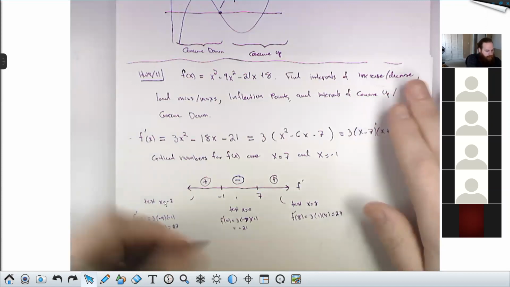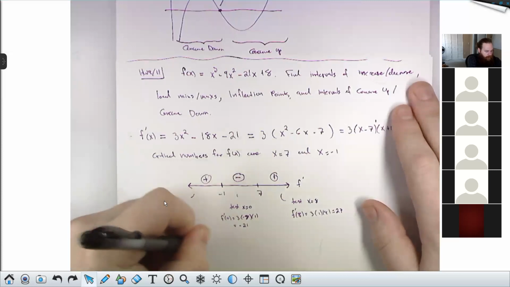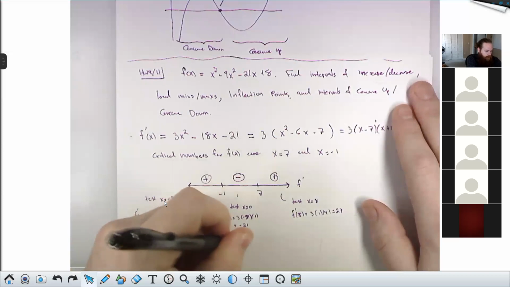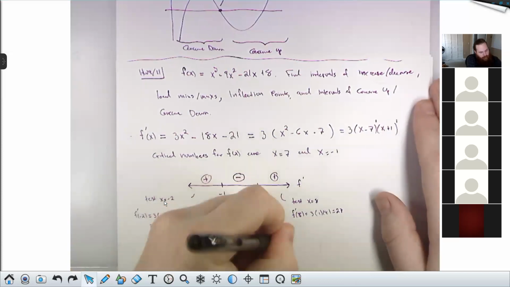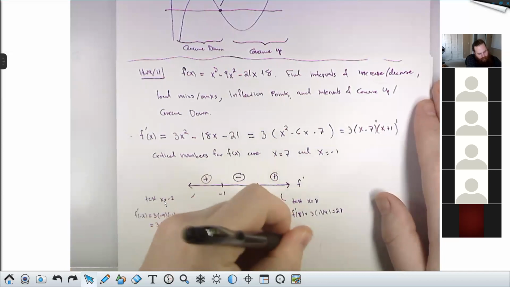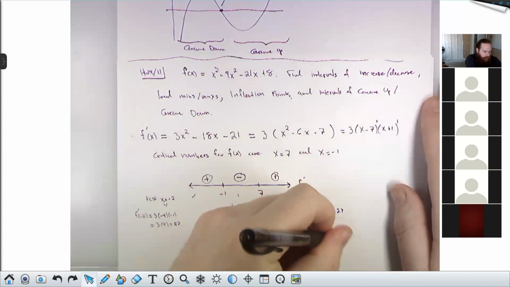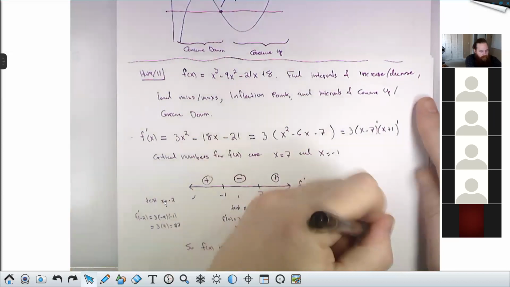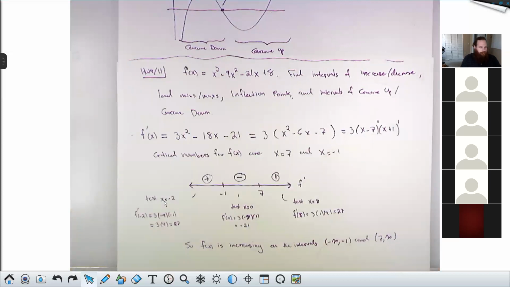What this means is that f is increasing on the intervals -∞ to -1 and 7 to infinity, because f prime is positive there.